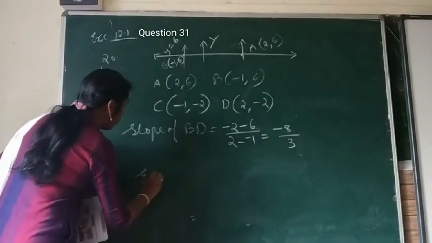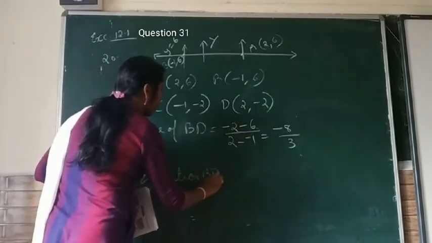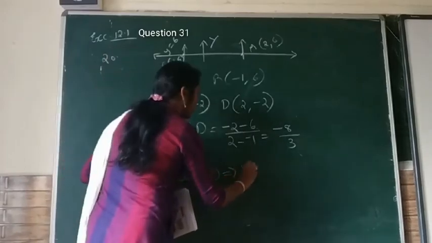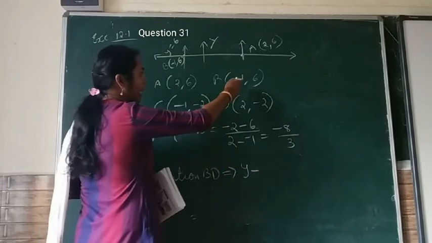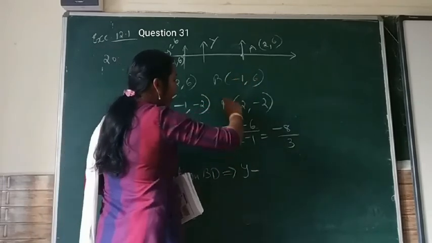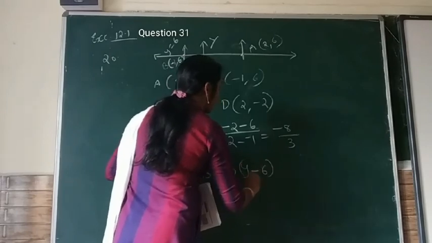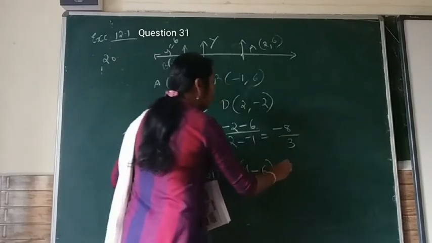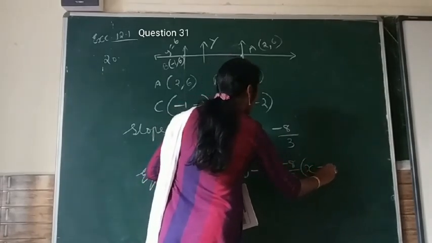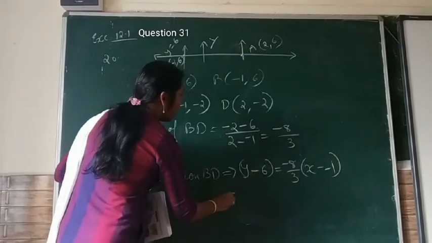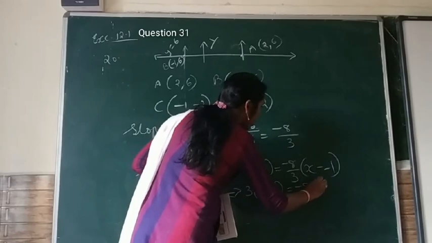Now equation of BD, it's also in the point slope form, y minus y1. We have to take any of the points. Here we take the point B. y minus 6 is equal to minus 8 by 3 into x plus 1.